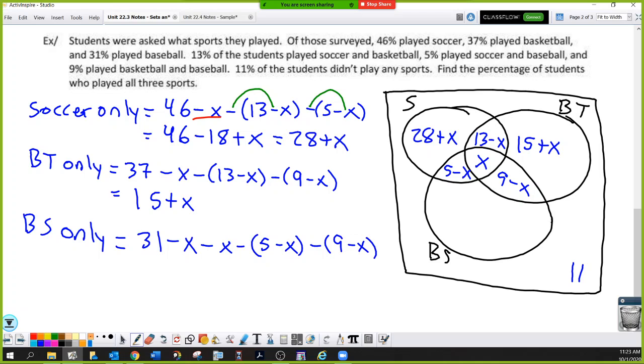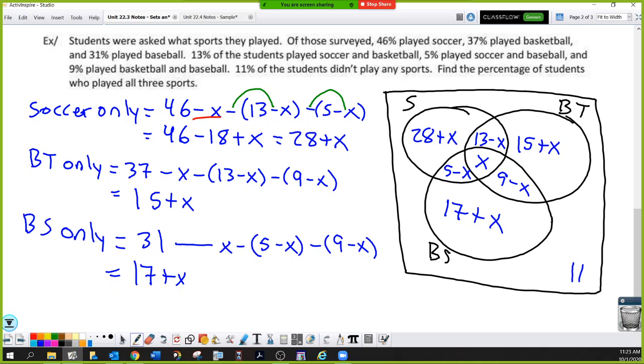When you distribute the negative signs, you're going to end up with a single negative x and 2 positive x's, so you get a plus x again. So we have 31 minus 5 minus 9, which gives me 17. 17 plus x is what exists out here.